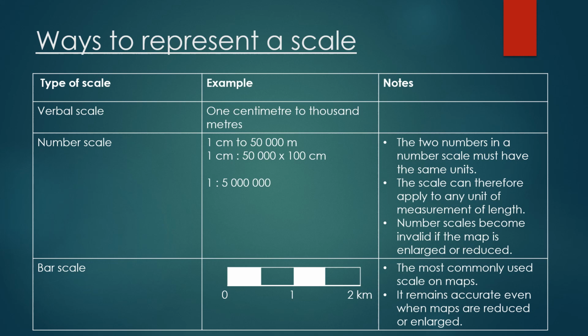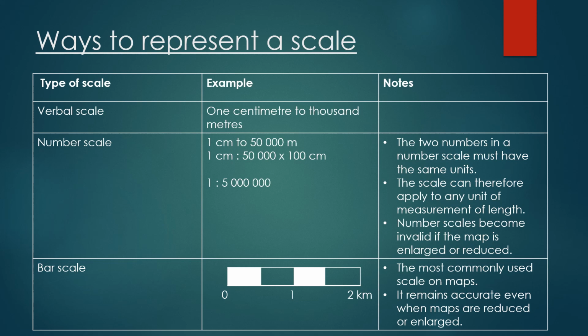But a number scale won't be helpful if a map or a plan is enlarged or reduced. That is why number scales become invalid if the map is enlarged or reduced.